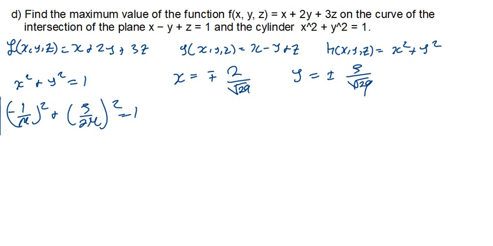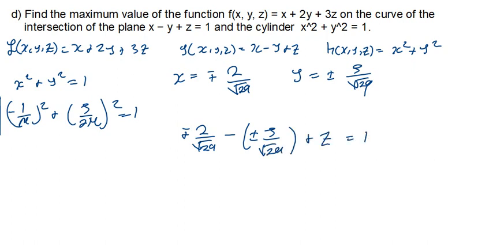To determine the value of z, we just need to substitute in this equation that we have here, which is one of our constraints that has a z. So here we can say negative or positive 2 over root 29, minus positive or negative 5 over root 29, plus z is equal to 1.